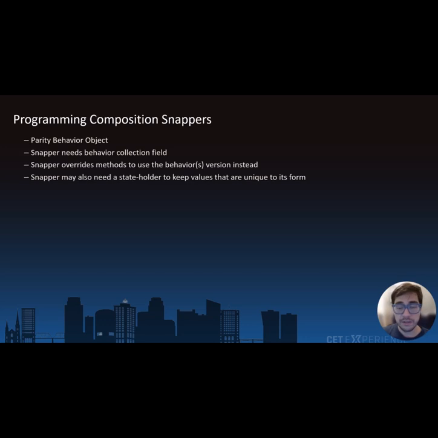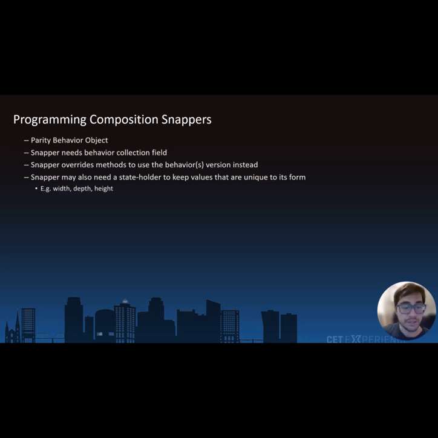This keeps the values that are unique to its form, borrowing a bit from Aristotle here. This is what I called the object that lives on the simple shape snapper, the snapper form. And this object houses the dimensions. It houses the information that makes it unique.